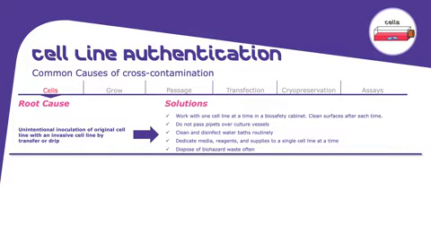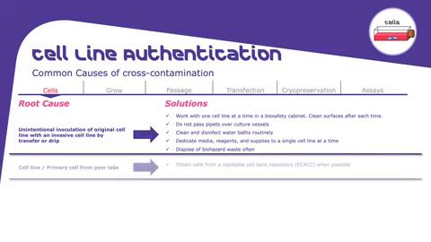The handling of the pipette is very important, as well as any other reagents which are around you. We do strongly recommend to have dedicated media, reagents, and any other supplements for a single cell line at a time to prevent any type of cross-contamination.